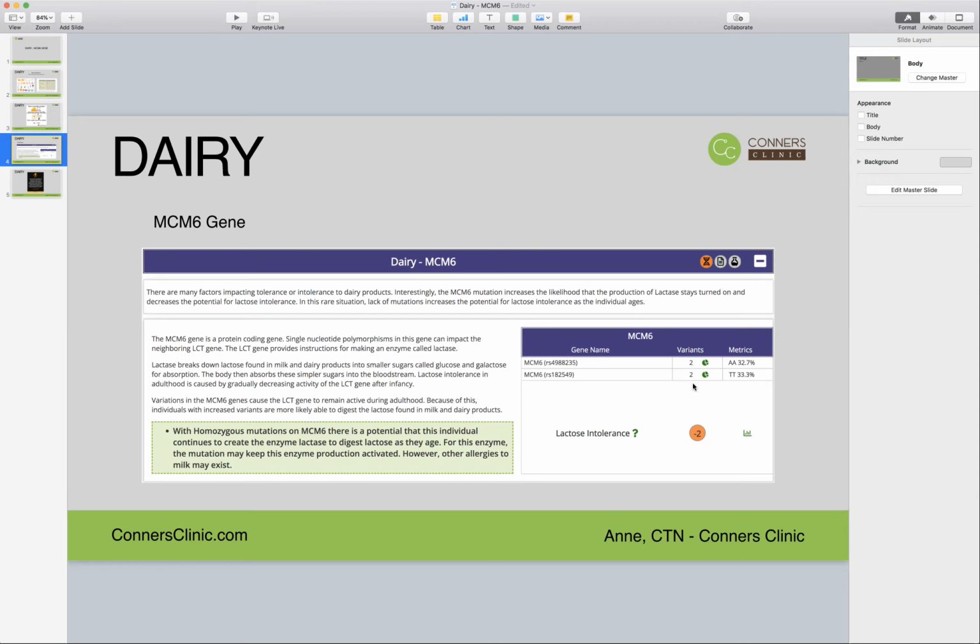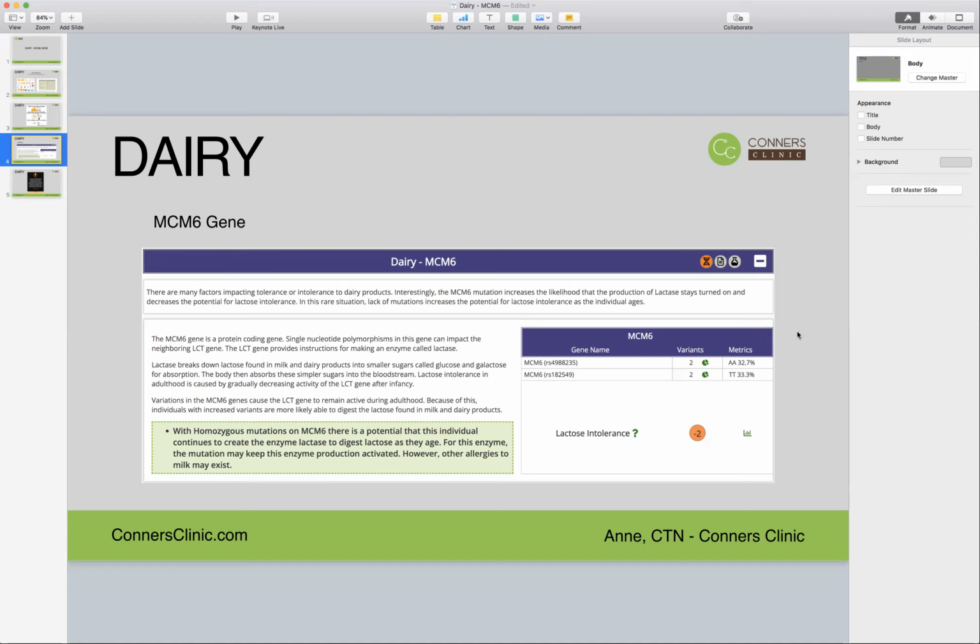If you don't have variants, that's the normal expression, and normal expression is to develop sensitivity or inability to break down lactose as we age. You can read through this and it goes into a little more detail. This is how you're interpreting your genetics. Again, we're just looking at that lactose component. So take that into consideration as you reflect on your body's reaction to dairy when you consume it.